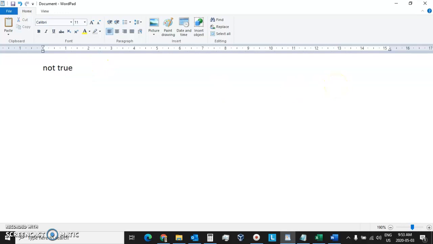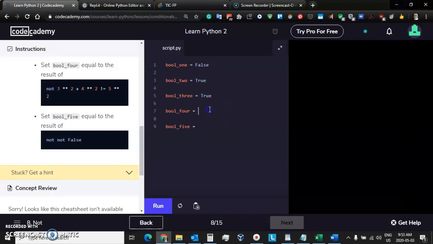It is true that they're not equal, and not true equals false. So our final result here is going to be false. And then we go on to the very last one, not false. Well, not false is true, and not takes you right back. So 2 negatives gives you a positive, and you're left with exactly what you started with.